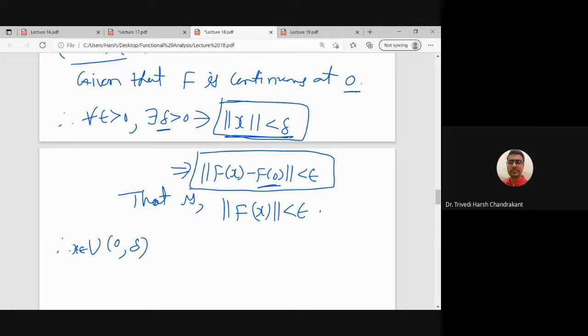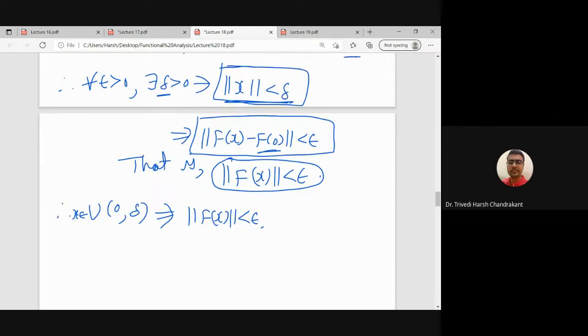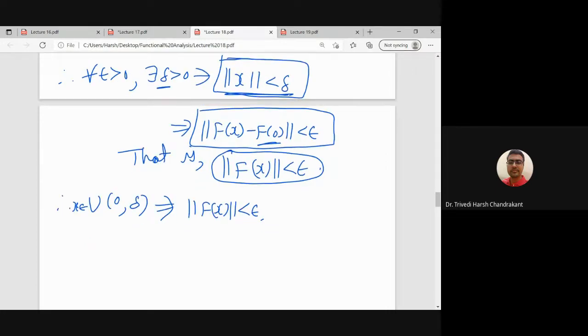And whenever this happens, what happens? F(x) is bounded by epsilon. So the same thing, if we write it the other way, we get norm of f(x) is less than epsilon when x is in the ball around origin.